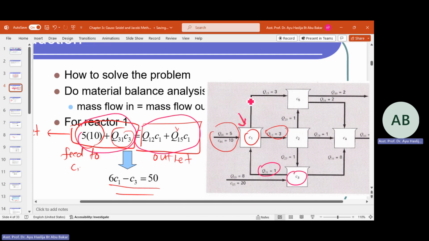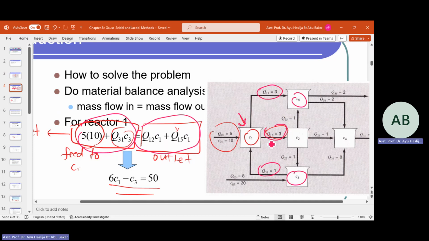Then the outlet involves Q15, the outlet stream that enters reactor 5, and Q12. So you have the outlet Q15 multiplied by C1, because it brings the composition from reactor 1. Q12 multiplied by C1 as well.